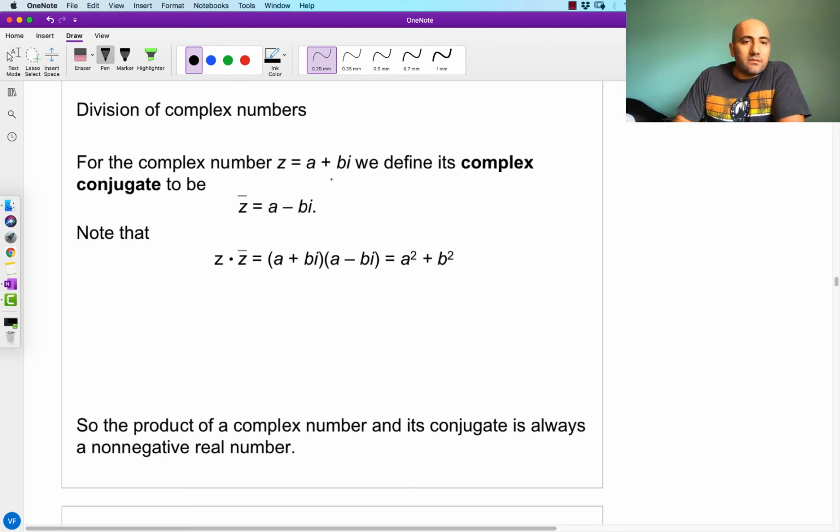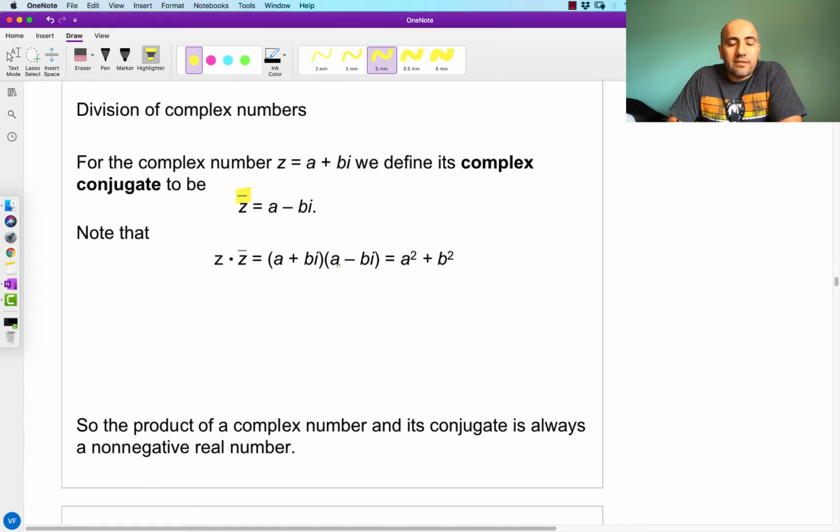It's just common notation to reference the complex conjugate by putting a little bar over it, so that z times z bar is the multiplication of the number z times its conjugate. And you'll see that when we FOIL this out, something great happens.